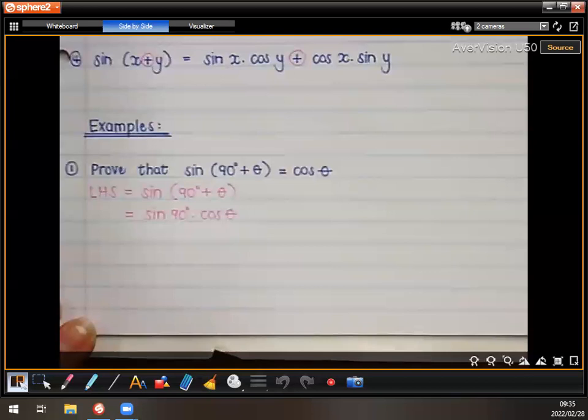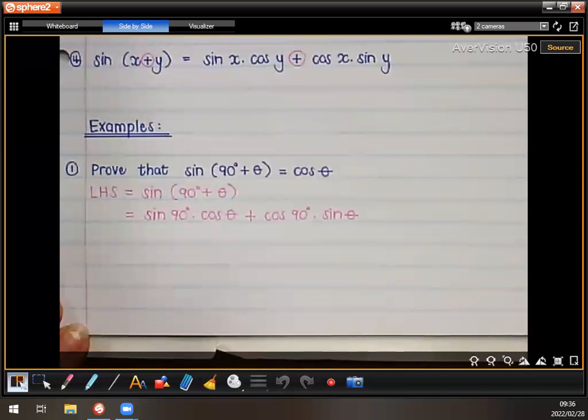The left hand side is equal to, I'm just going to rewrite it, sine of 90 plus theta. And now let's see, it is that compound angle identity. So we're going to say sine of the first angle times cos of the second angle.